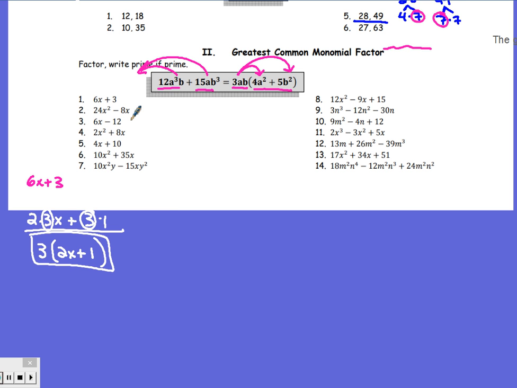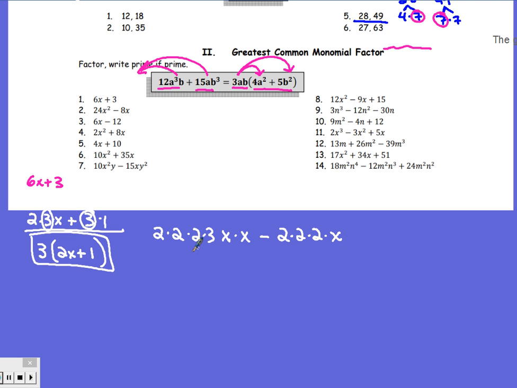All right, let's try another one. 24, if we break it down to prime factorization, is 2 times 12, 12 is 2 times 6, and 6 is 2 times 3. So 2 times 2 times 2 times 3 will give me 24. I've got x squared and x. 8 is 2 times 2 times 2.